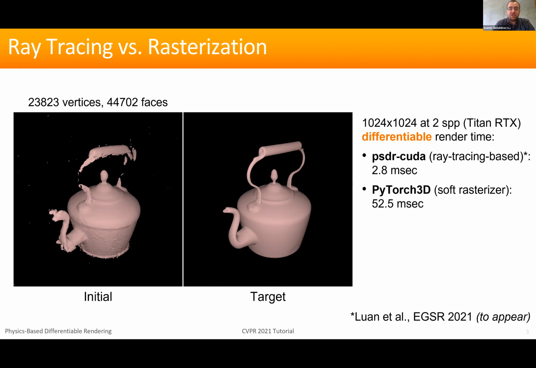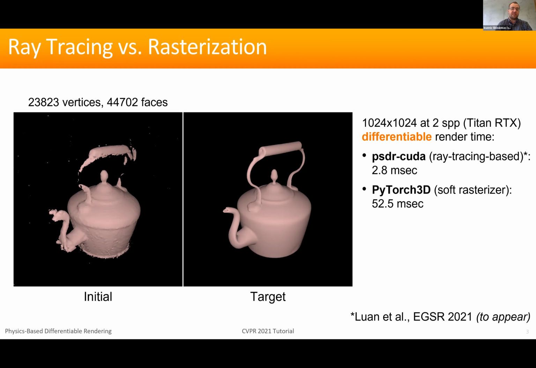And this is an optimization that involves tens of thousands of vertices. It's a high detailed mesh. So as I show here, performing one rendering operation, differentiable rendering operation to be clear, can be a lot faster using the optimized PSDR CUDA implementation, 2.8 milliseconds, than using the rasterization-based implementation on PyTorch 3D, 52.5 milliseconds.